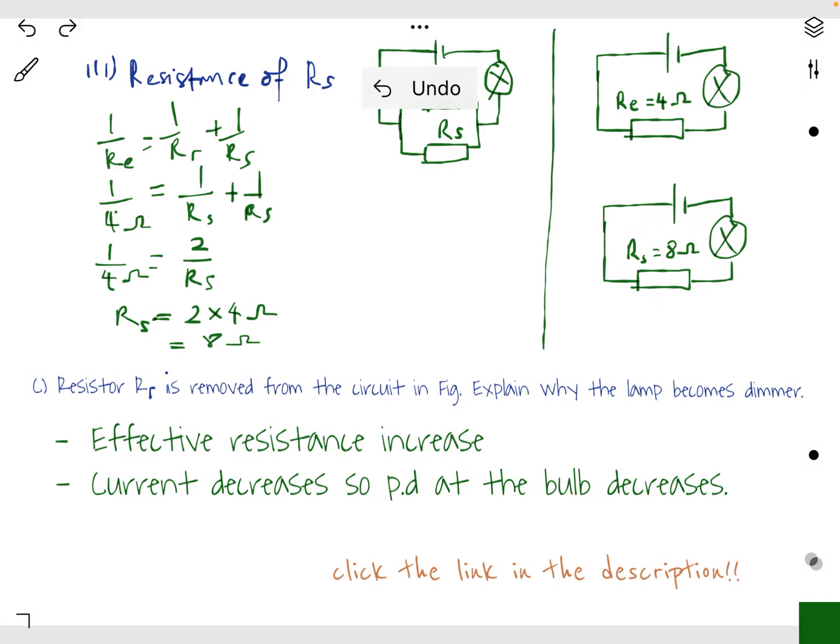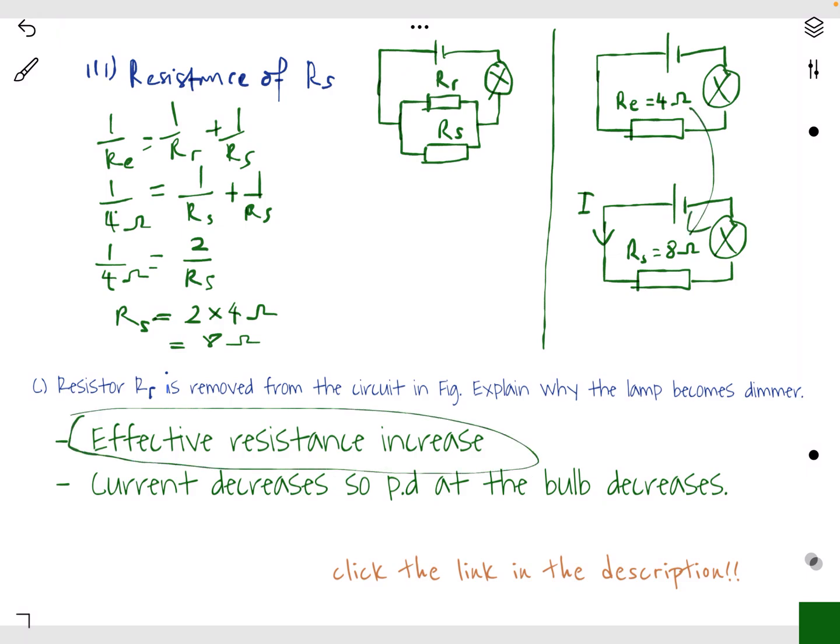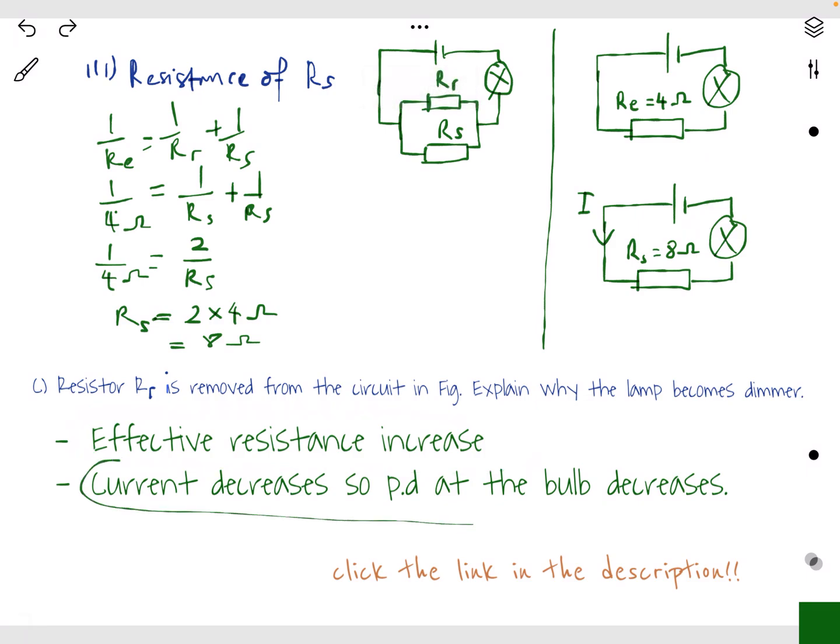So what happens is the amount of current becomes lower. The current that flows through the resistance in the circuit will become lower because the effective resistance increases. So if the effective resistance increases from 4 to 8, okay, and the current decreases, so the potential difference at the bulb decreases.